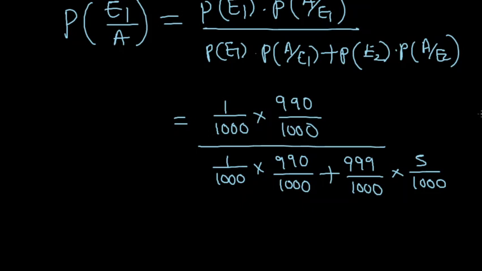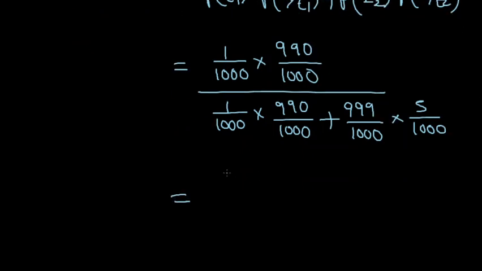So 1000 into 1000 is 10 to the power of 6. Here we take common and cancel.